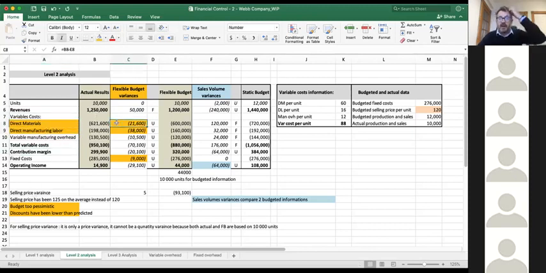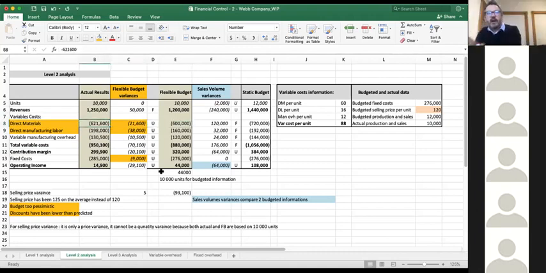The 21,600 and the 38,000. When we talk about 21,600 unfavorable, it's unfavorable because the cost of the direct material has been higher than the flexible budget.